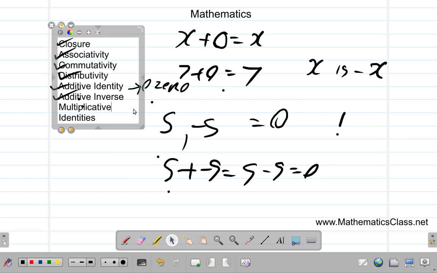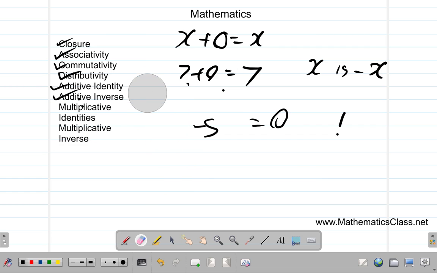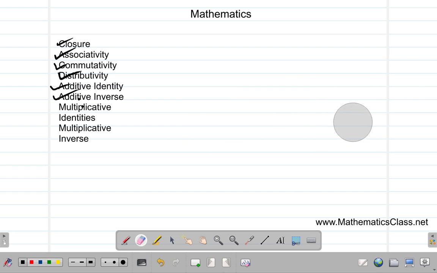And the multiplicative identity, and then after this, the multiplicative inverse. Now, let me erase all those things. The thing is now, the multiplicative identity.